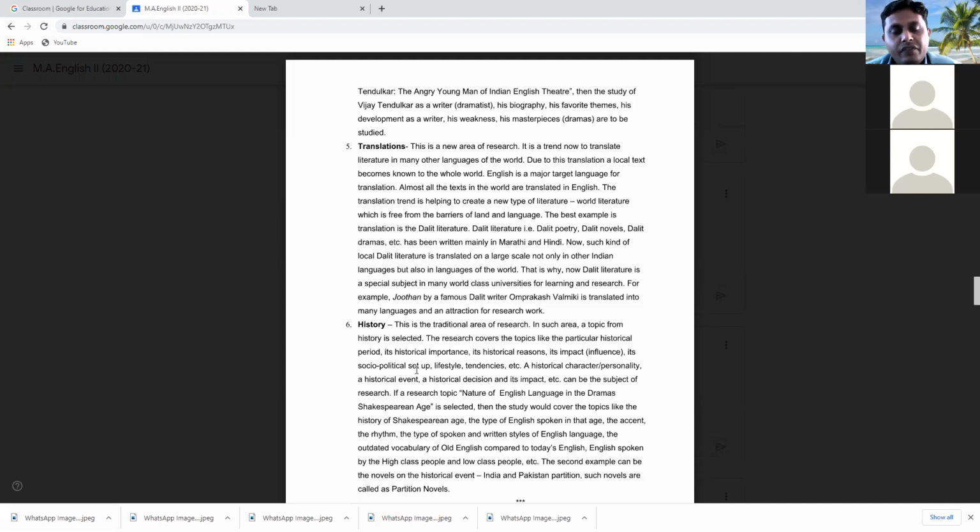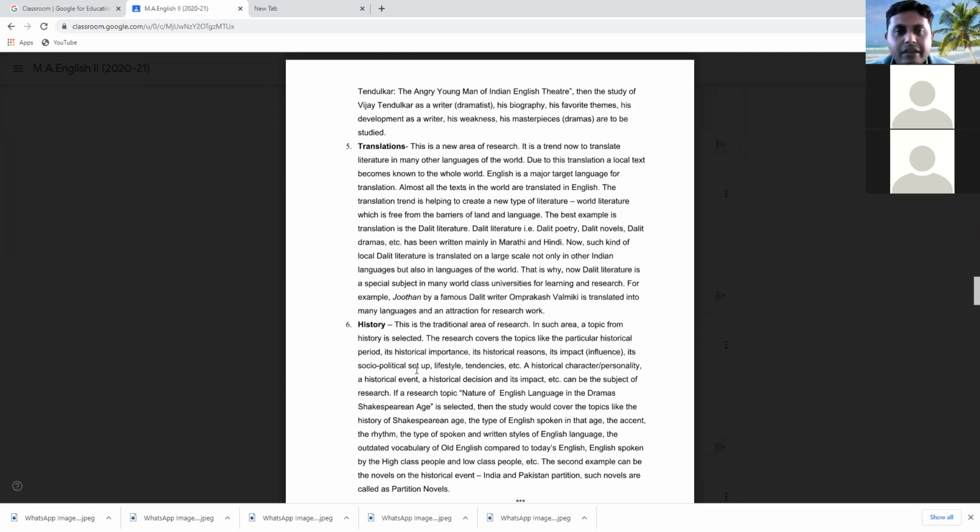So we have different communities of translators in this regard. Professional translators are available. If I am writing in Marathi and I want to translate my poetry, my novel, my drama, my short story into the German language, I would contact a professional person, and that person would translate my text into German, right? Or it is not essential that I contact a German professional. I could just learn the German language and translate that text voluntarily on my own.